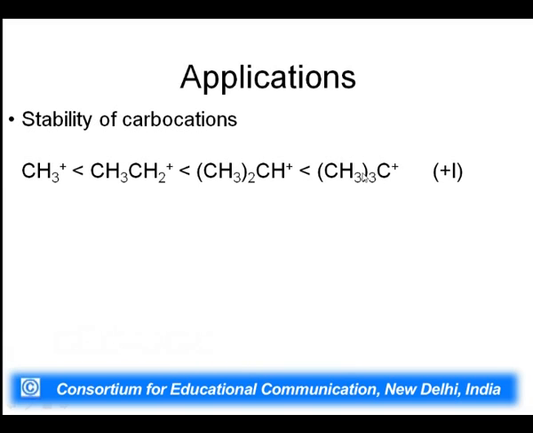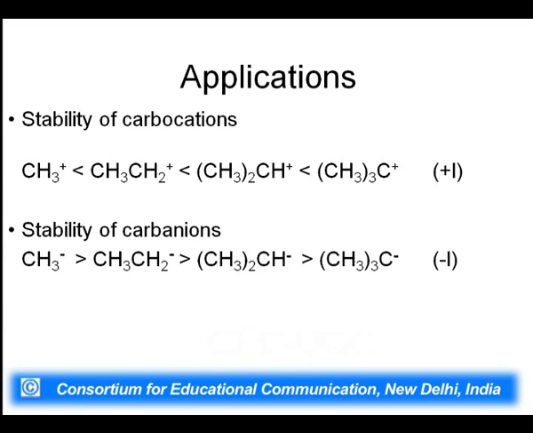As the number of methyl groups decreases, or from this side to this side it increases, the positive charge is more stabilized, because in methyl there is no carbon which can give a plus I effect. In this case there is one methyl group which is electron donating, there are two, so it is more electron donating, this carbon's positive charge is decreased, and in the tertiary butyl carbocation it is decreased to a maximum level.